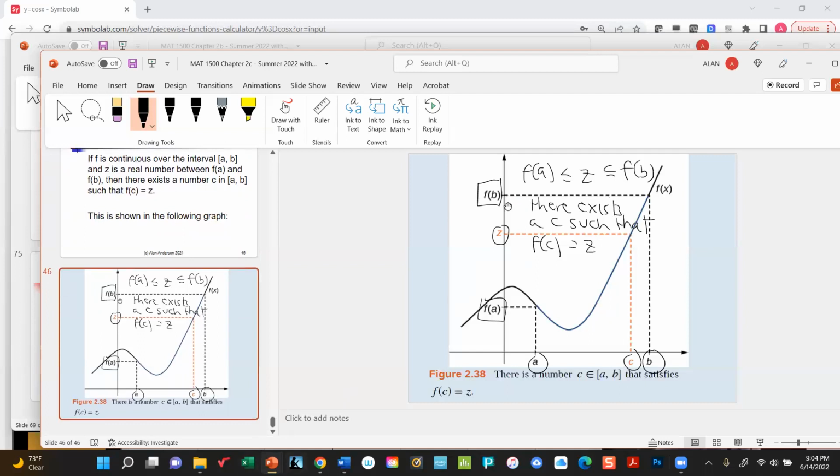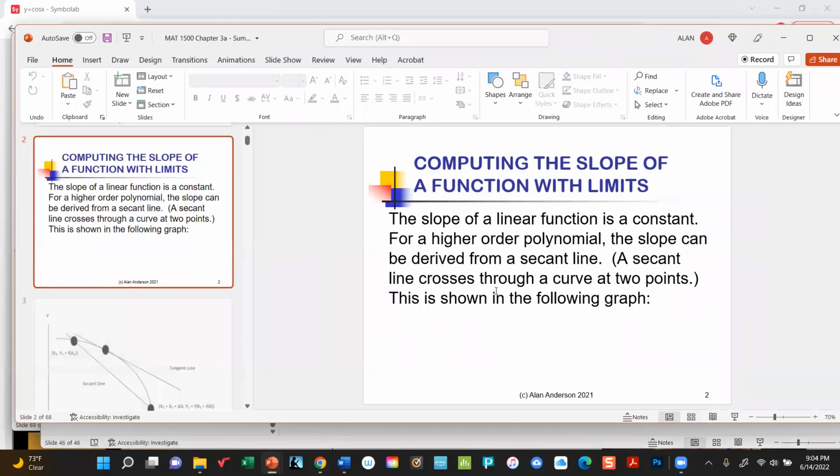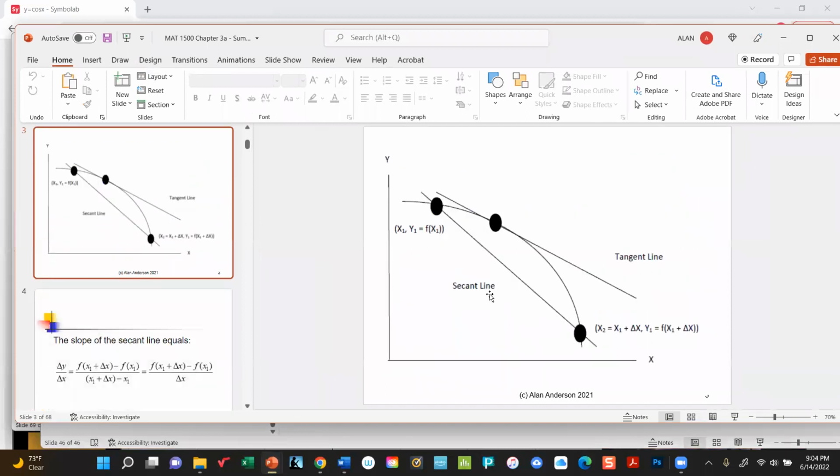Now, the derivatives. You can see right off the bat, the derivatives are actually defined in terms of slopes. But as we saw the other day, we're aiming for a tangent line, but that tangent line is actually the limit of secant lines as the two points get closer to each other.